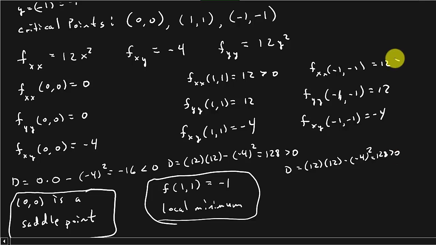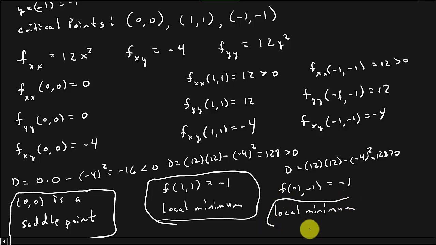And we have the second partial is also positive. And so f of -1, -1, which is equal to -1, is a local minimum. And there's your answer.